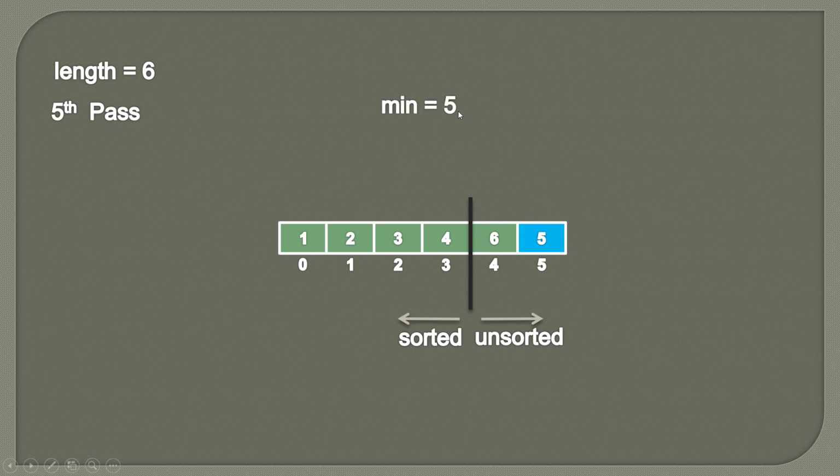And after the fifth pass, we found that among these two elements, 5 was the minimum. So we'll simply swap 5 with the leftmost element of the unsorted part. So 5 will come at this place and 6 will go at this place after the swap. And once we perform the swap, the minimum element which we swapped becomes part of the sorted array.